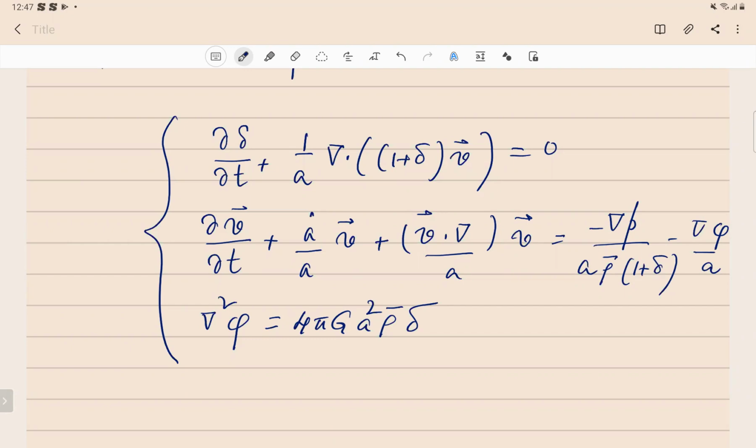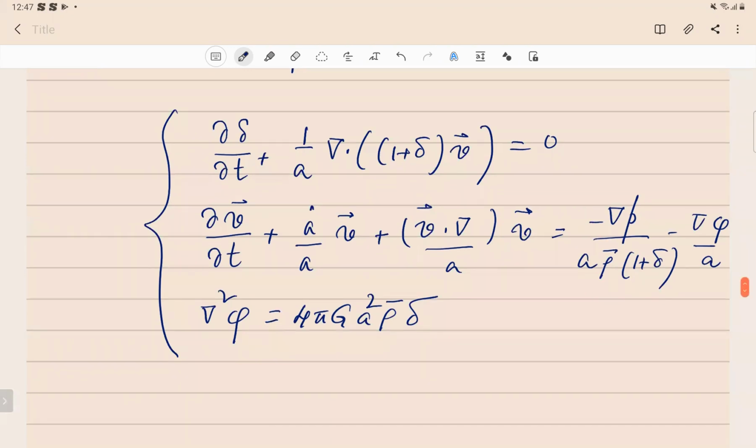In that gauge you can take the limit of very small scale fluctuations. All the horizon order terms, the terms which make a dominant contribution at the size of the horizon, if you drop those, then you get these equations.